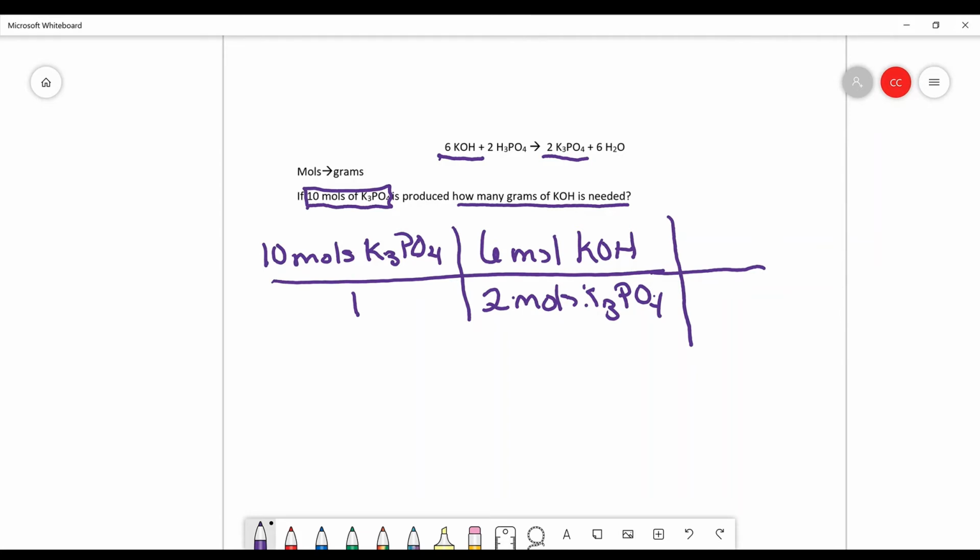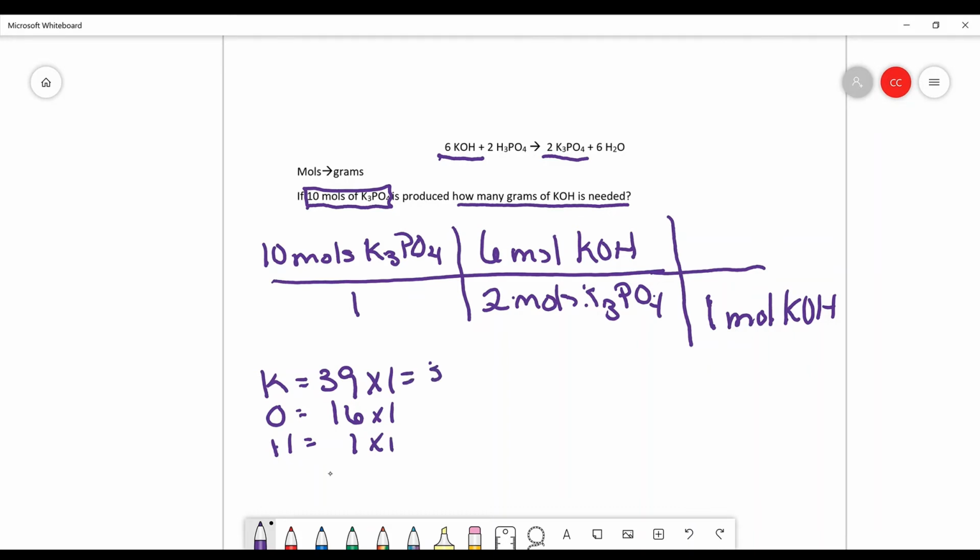What we need here is, we have 6 moles, so we write 1 mole of KOH. And 1 mole of KOH is equal to: K has 39 grams, oxygen is 16, and hydrogen is 1, and these are all times 1.